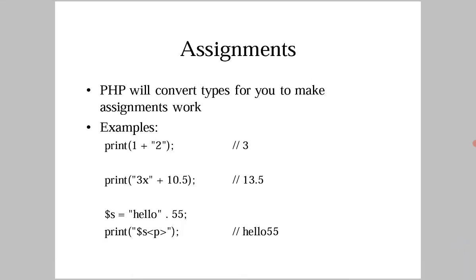PHP will convert types for you to make assignment work. For example, print 1 plus 1, or print 1 plus "2", like that. It means automatic conversion from one type to another will be done in PHP.